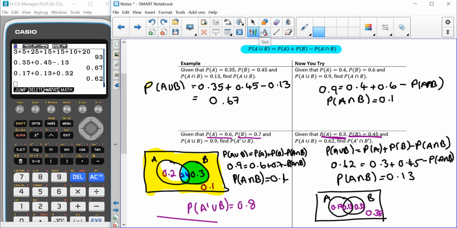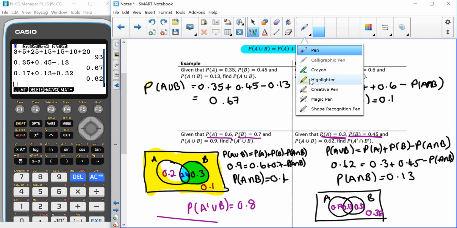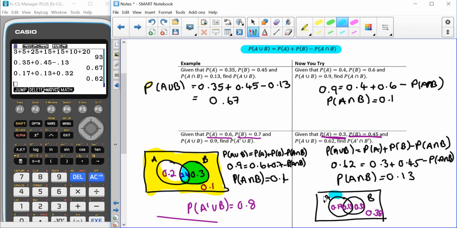So now we're looking at not A and not B. So if I change over to my highlighters again, not A is going to be everything outside of my A circle. Not B is going to be everything outside of my B circle.